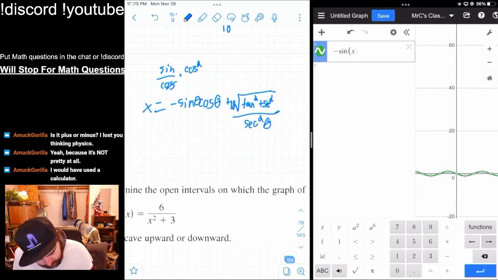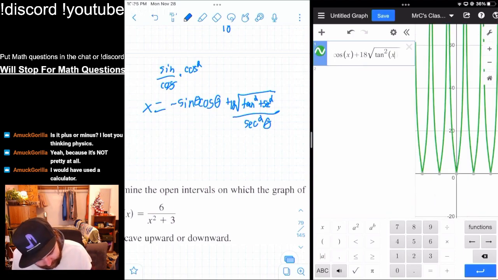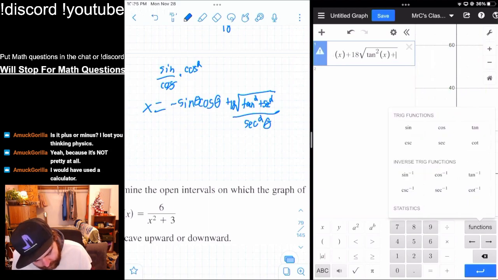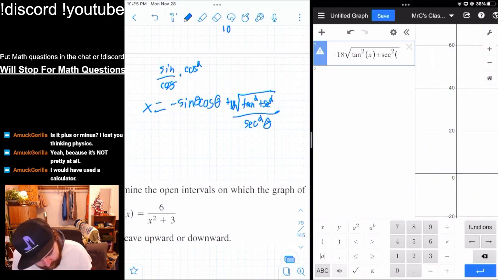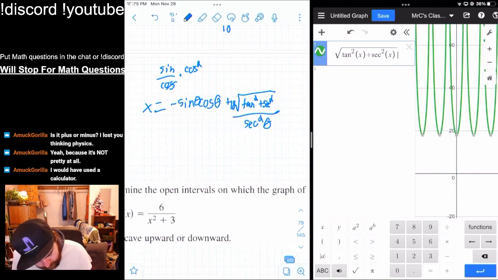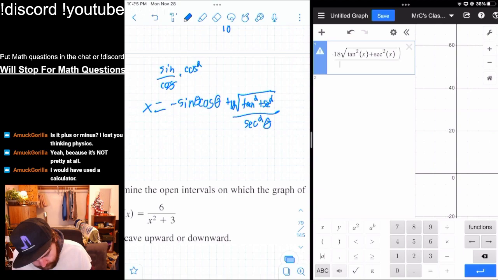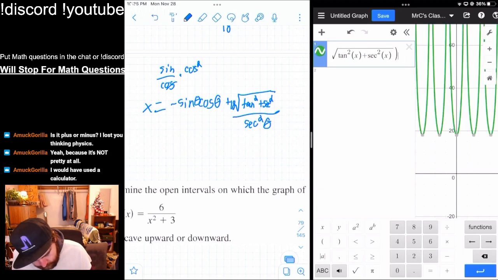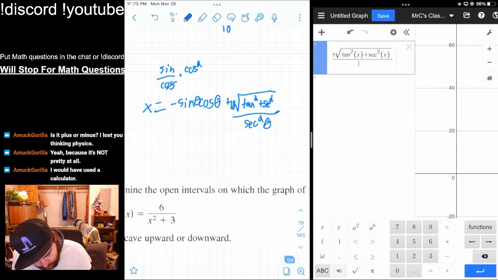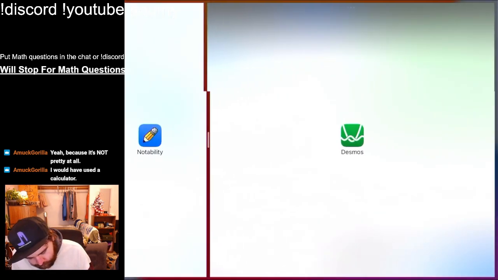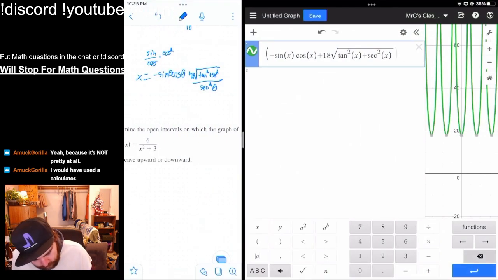Minus sine of x, cosine of x, plus. I feel like I might have messed up the math somewhere. And if I mess up the math somewhere, I'm prepared to just leave it. So I don't actually want that.